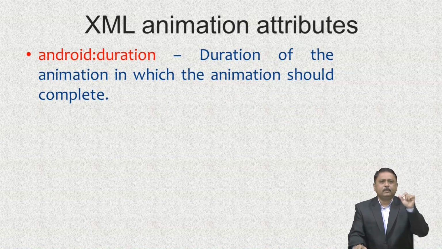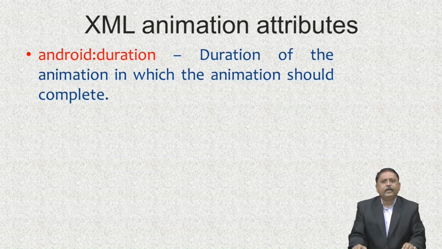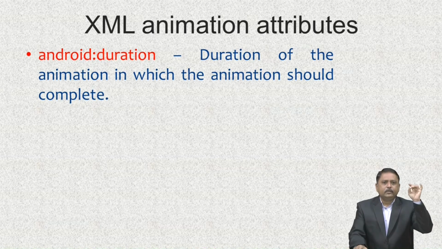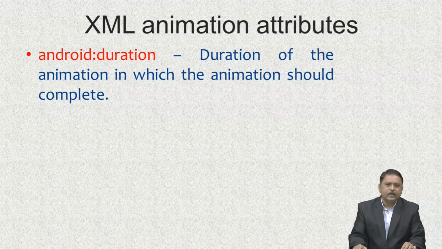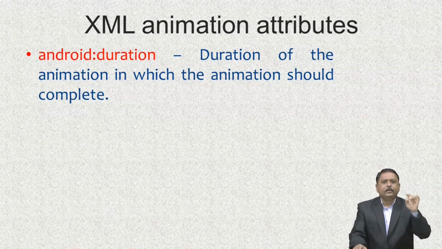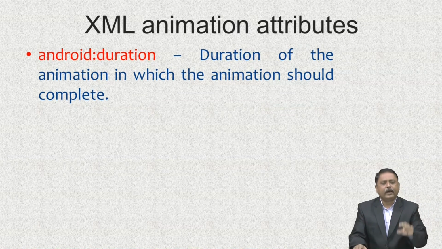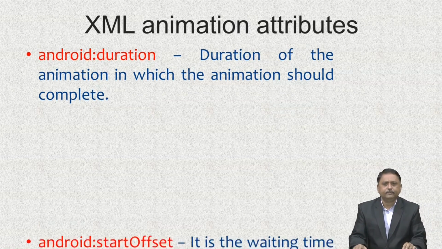So, first very important is android:duration. Now, this specifies the duration in which the animation should complete. And remember, the time we specify is in milliseconds. That means, if I write 5000, it means 5 seconds, right. So, you have to remember that this duration is generally specified in milliseconds, and accordingly you have to write it.